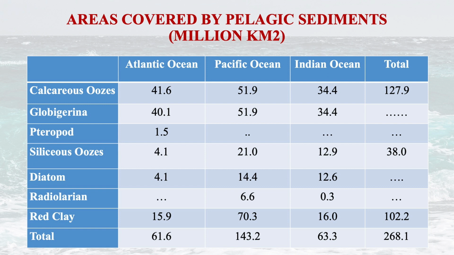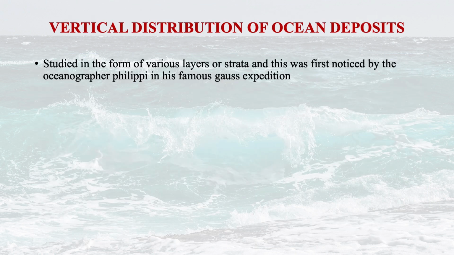Now, how do we study the vertical distribution of ocean deposits? It is studied in the form of various layers or strata, and it was first noticed by famous oceanographer Philippi in his famous Gauss expedition.